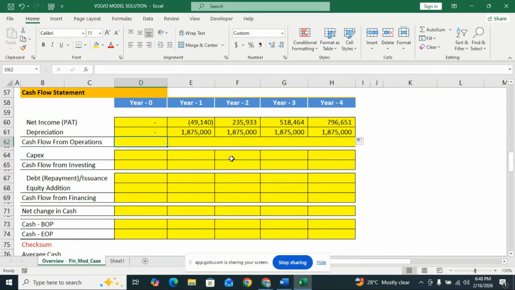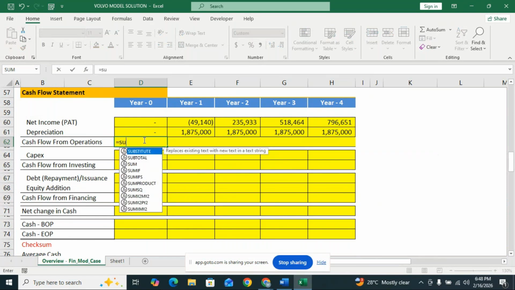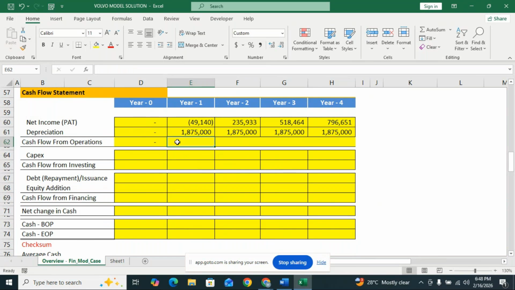You just want to sum up your cash flow from the operating activities, so equals to sum. Just take it up. Same thing, you can just put it up for the rest of the cases.